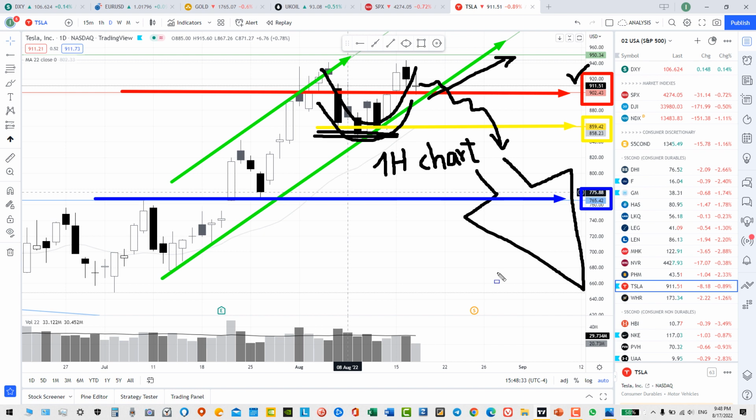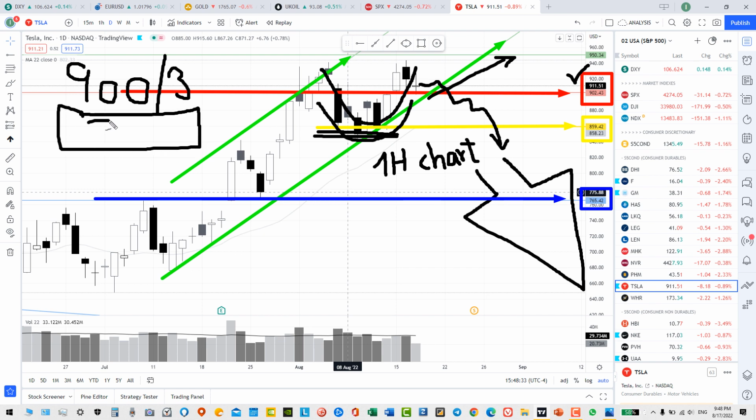Let us translate these levels after the split. I mean, the 900 monthly support, or the monthly significant level, divided by 3 means that after the split, this level will be equal to $300. So $300 will be our monthly support after the split.